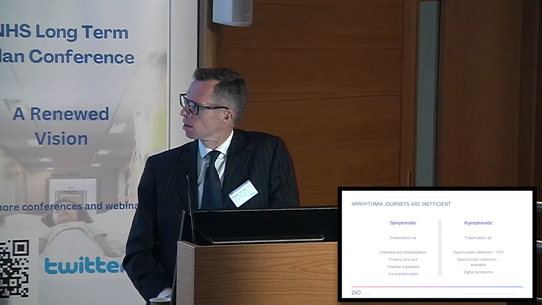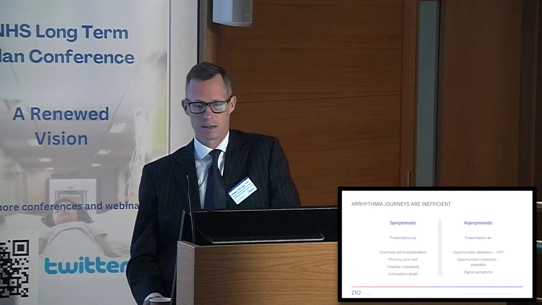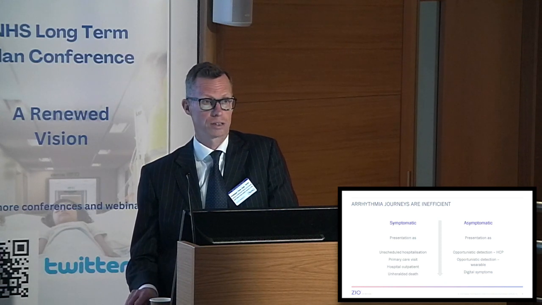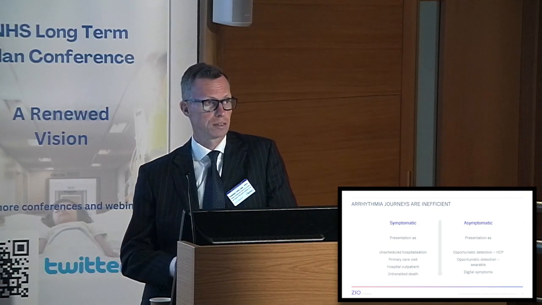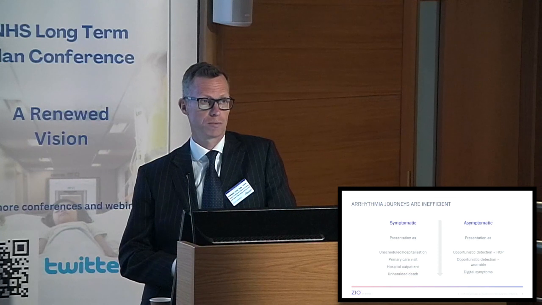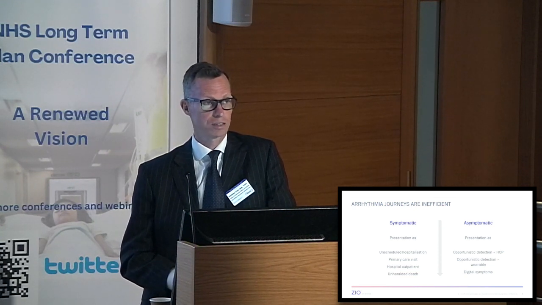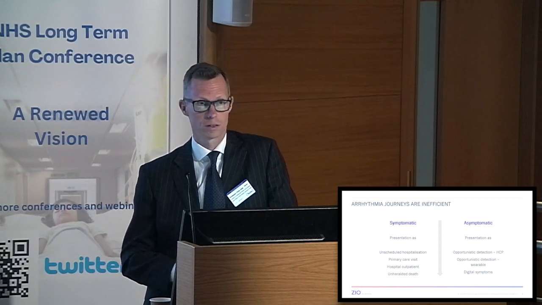But historically, patients can be detected asymptomatically if they attend for a health check, so an opportunistic pulse palpation as recommended by NICE. The problem is that only 40% of people who are invited to a vascular health check actually turn up. So it's desperately inefficient in the first place.